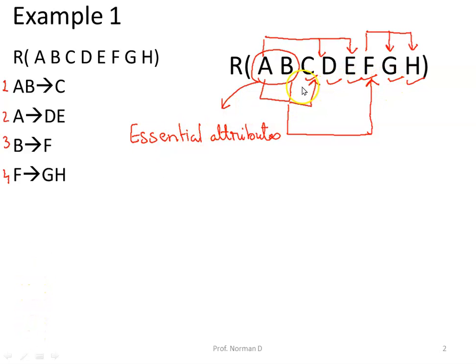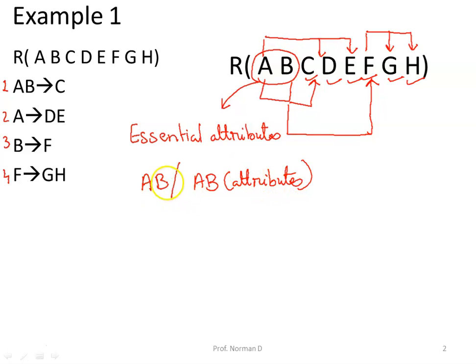What I mean by that is, none of the other attributes are in a position to compute A and B. So we make A and B an essential part of our candidate key. In this case your candidate key will be AB, or AB along with some other attributes will form the candidate key.